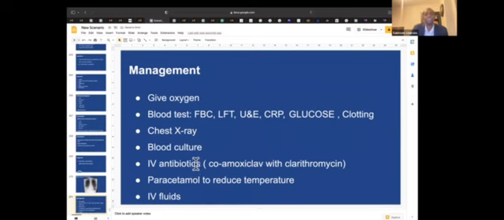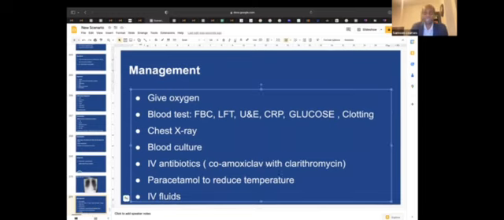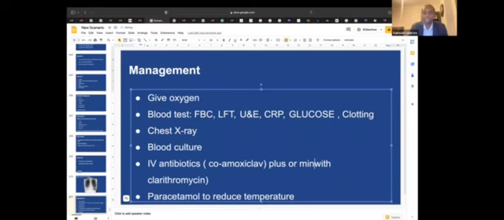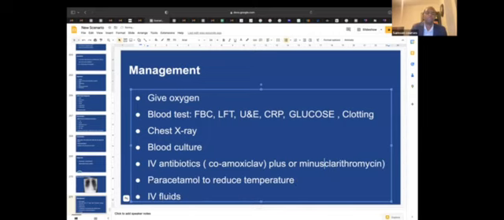You notice this particular patient, we can change to IV co-amoxiclav, plus or minus clarithromycin. You're going to have to assess using the CRB to assess the severity of pneumonia. On the CRB, C is for confusion: he's not confused.